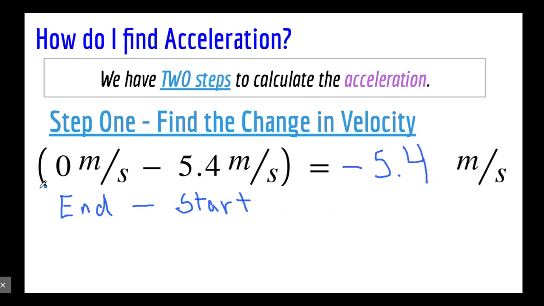That is why it is so important to make sure we get the correct starting and ending, and we set it up ending minus starting. Our change in velocity is negative 5.4 meters per second.